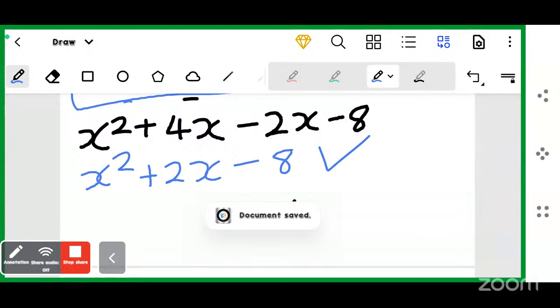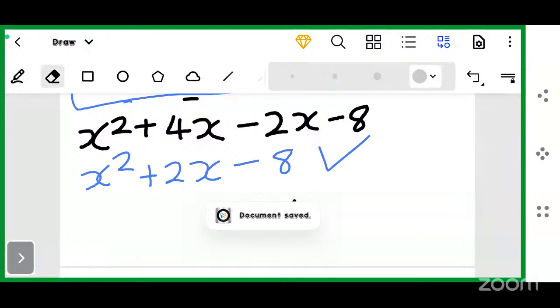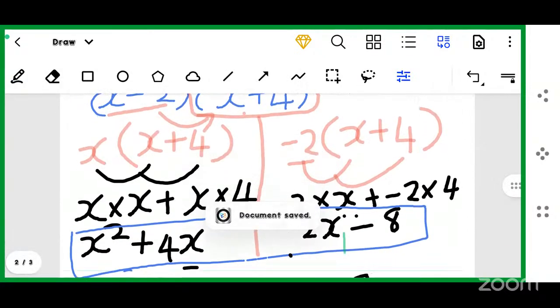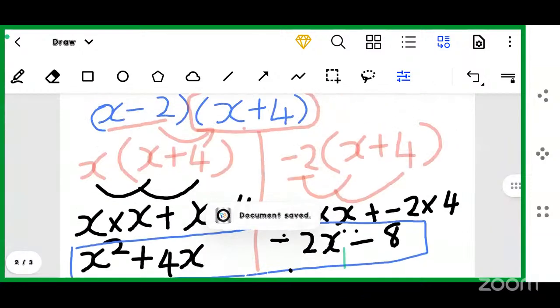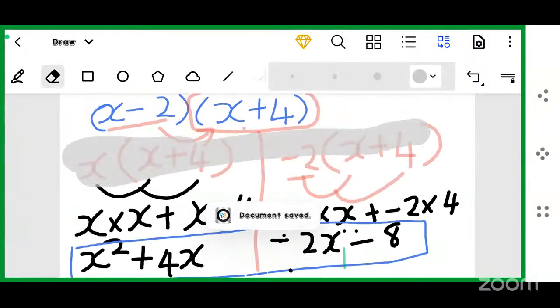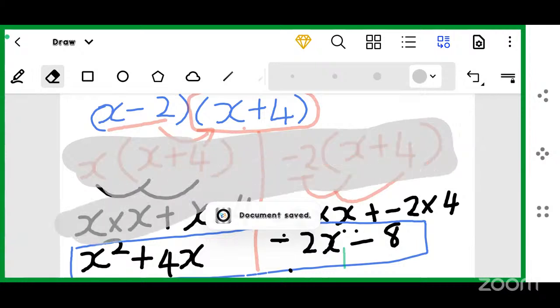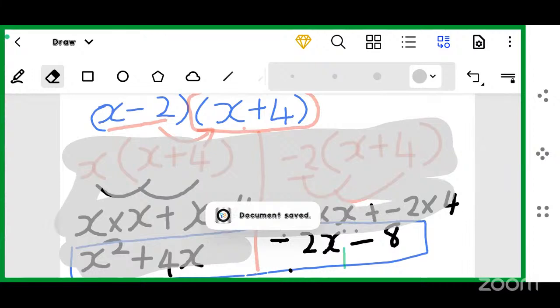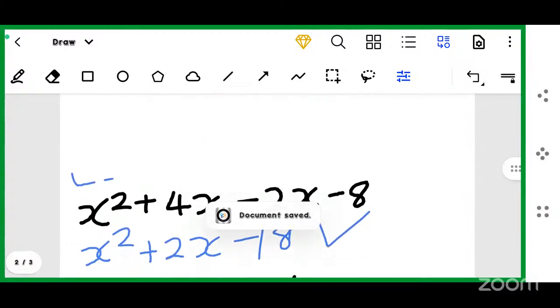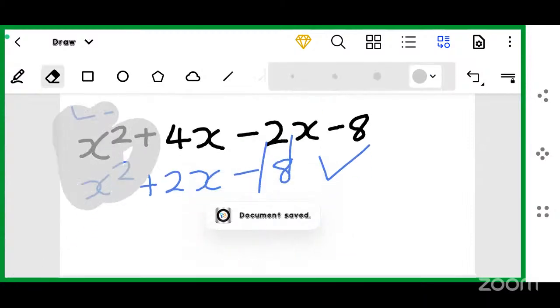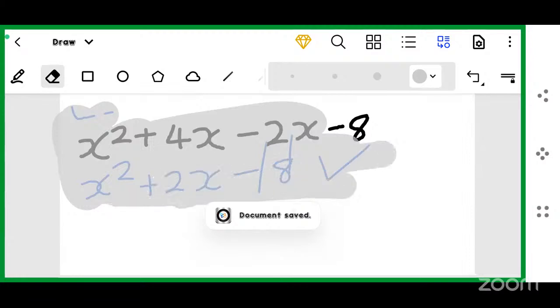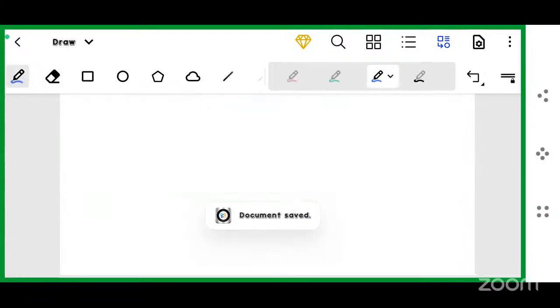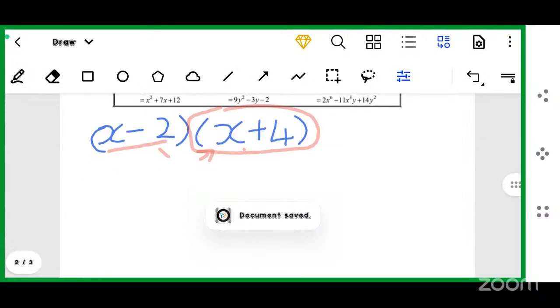Okay, so let me make another example. All right, let me think of an example.